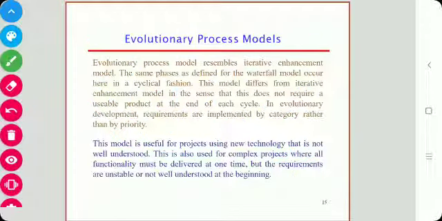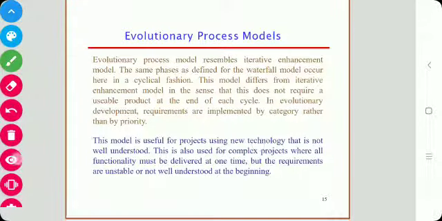This evolutionary process model is useful for projects using new technologies. So in that case we can use the evolutionary process model. This is also used where complex projects are built and where the functionalities must be delivered at one time.